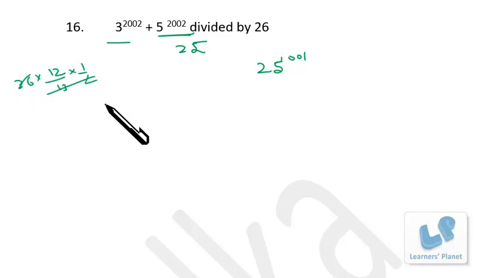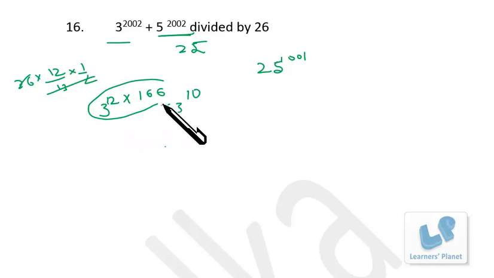So 3 raised to 12 when divided by 26, the remainder will be 1, right? But this is a very big number, so what I can do is write 3 raised to 12 into some power, then we are left with 10. Okay, so till here the remainder will be 1, so we are left with 3 raised to 10.